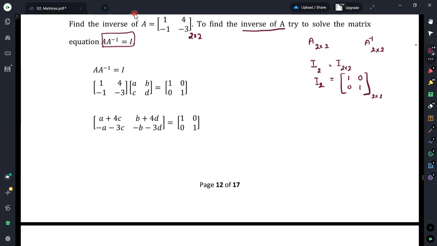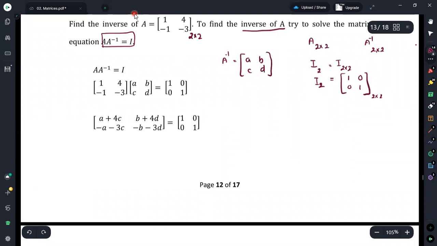Now we'll write down the equation. We get A times A inverse equals I. Here I have written the matrix A, including its elements. Once you write it inside the matrix, you will get 1, 4, minus 1 and minus 3. We still do not know the elements of A inverse, so I will use 4 unknown constants, a, b, c, and d, to denote the elements of this matrix.